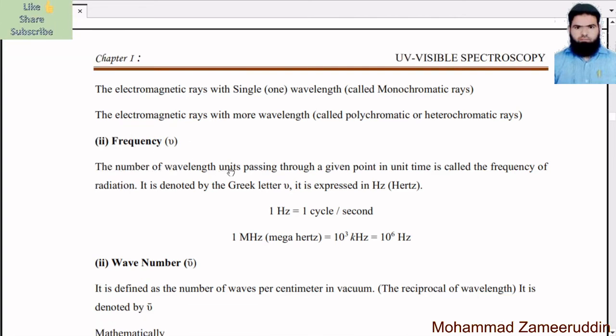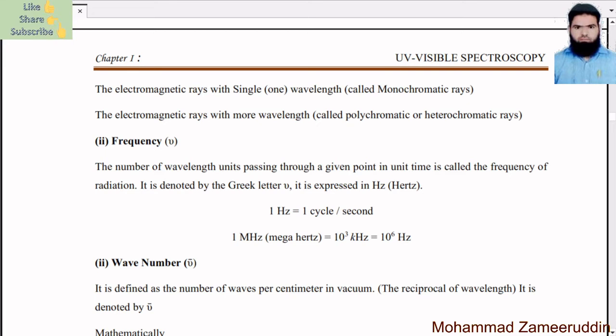Now the second parameter is the frequency, denoted by nu. The number of wavelengths passing through a given point in unit time is called the frequency of the radiation. Suppose there is a point, and radiations are allowed to pass through it. How many wavelengths or cycles pass through that single point in 1 second is called the frequency.